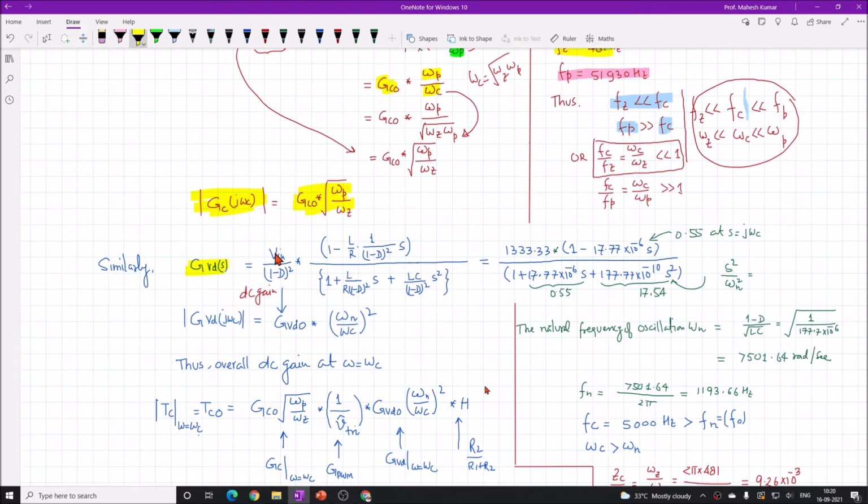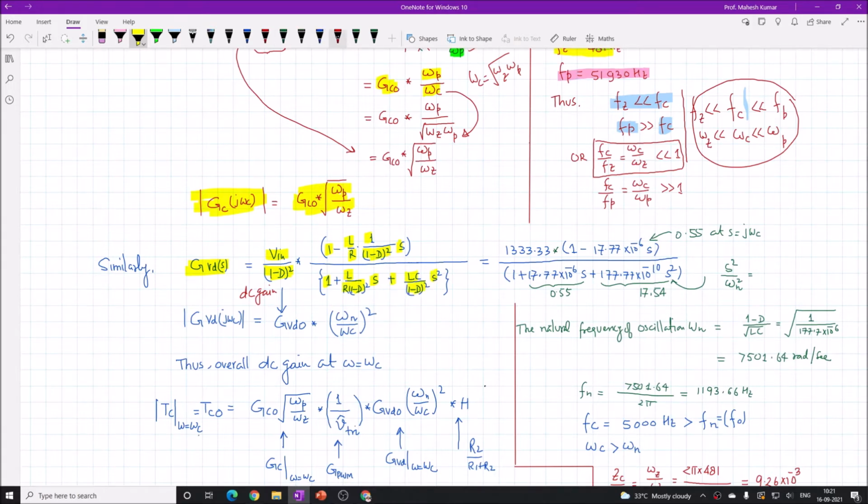So this was the expression we have developed using state space averaging modeling, and it was Vin by (1 minus d) square, into 1 minus L by R, 1 by (1 minus d) square into s. In the denominator we have 1 plus L by R (1 minus d) square into s plus LC by (1 minus d) square into s square.